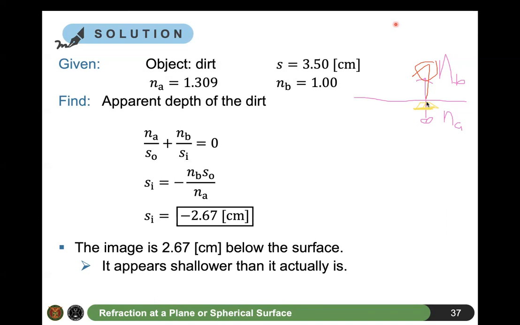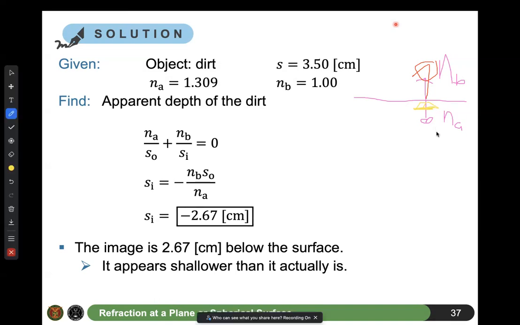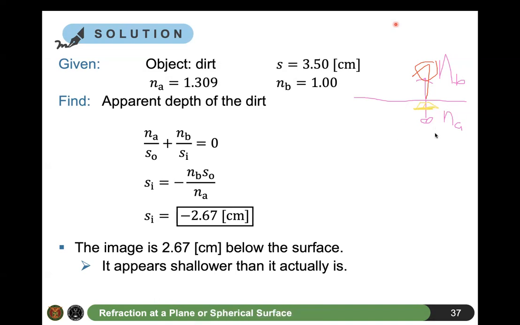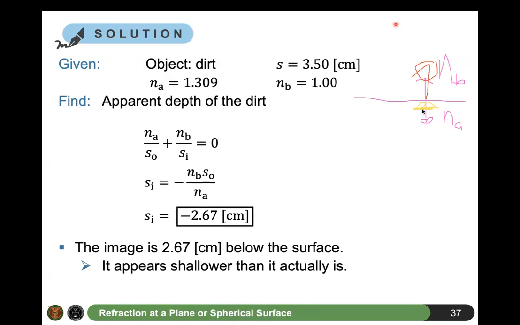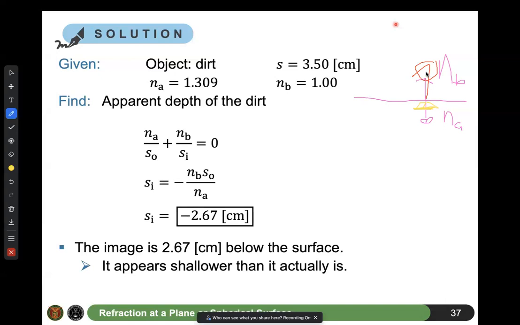Actually, same case to dun sa fish, dun sa lake, nung gusto mong i-spear na fish, yung example natin before. So anything na kung ang object is nasa medium with a higher refractive index dun sa refracting side, it will appear shallower as we observe from the outgoing side.